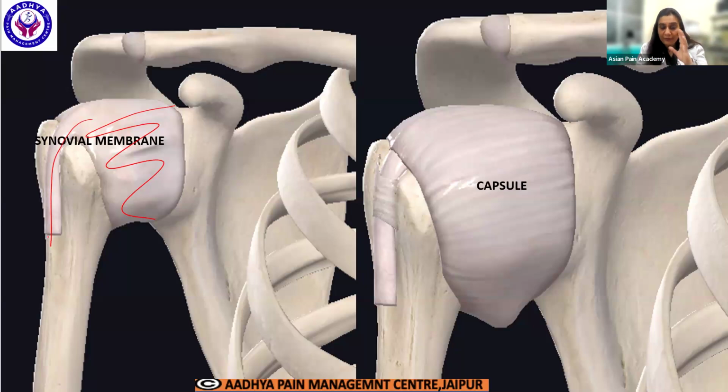I hope you remember from the basic class, I think Dr. Chinmoy has taken it for you, that there are two types of tendon: tendon with a sheath and tendon without a sheath. If it is with a sheath, you have a parietal layer, then a visceral layer, and then the cavity.